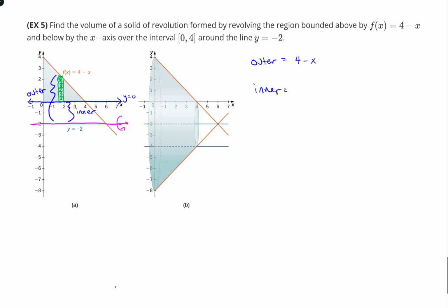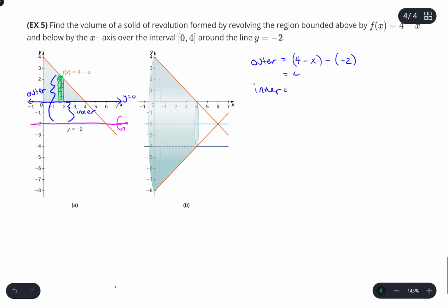So the total distance is going to be 4 minus x minus -2. And that's going to give me the total distance from any point on this curve down to the axis of rotation, which would be 4 minus x plus 2, or 6 minus x.